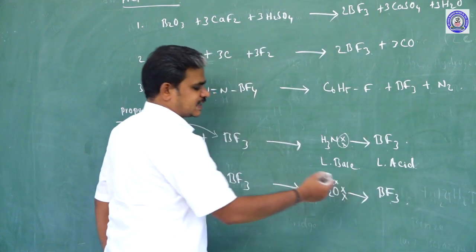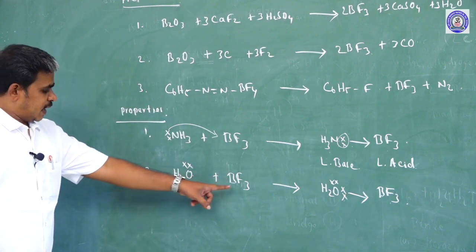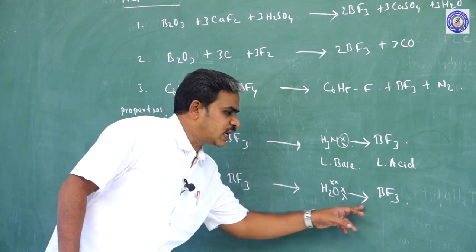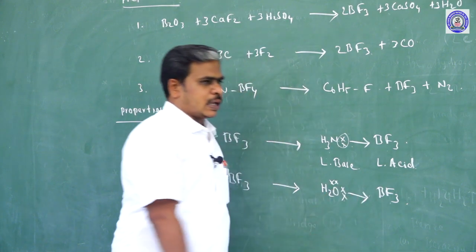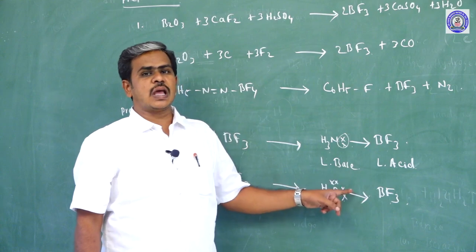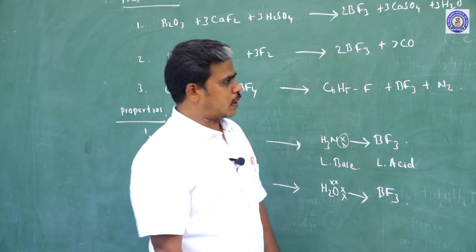So it is Lewis acid and Lewis base. Here BF3 reacts with water, forming a coordinate bond. What is it? A bond is made up of 2 electrons, and when these 2 electrons are donated by a single atom, it is known as a coordinate bond.